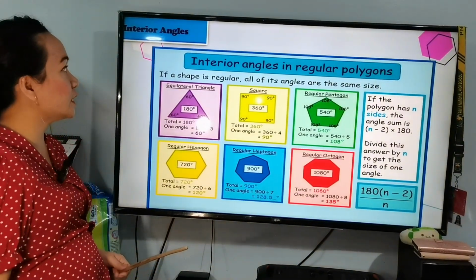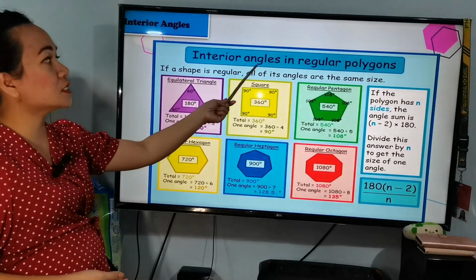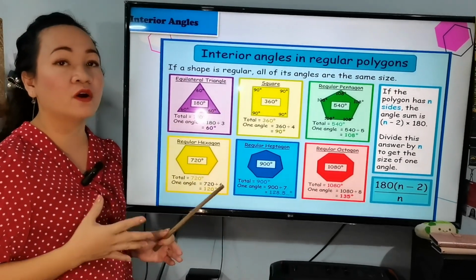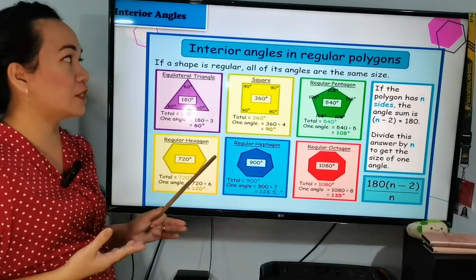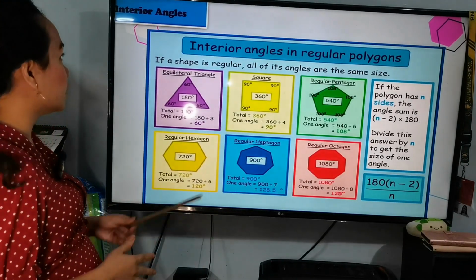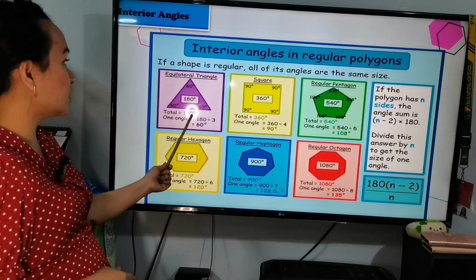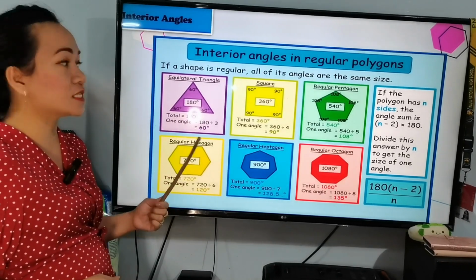So I have here the summary. Interior angles in a regular polygon. For today's session, we are focusing only on getting the interior angles of a given regular polygon. So we have the equilateral triangle. The total is 180 degrees and each angle measures 60 degrees.